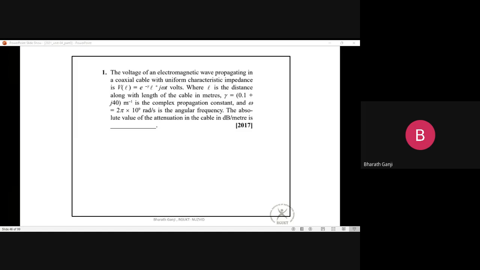So, once again, we'll start solving. Today we will solve some problems related to transmission line analysis from previous GATE exams. From the previous GATE exam papers, I've chosen around 40 multiple choice questions, so let us talk about those questions and try to solve them.